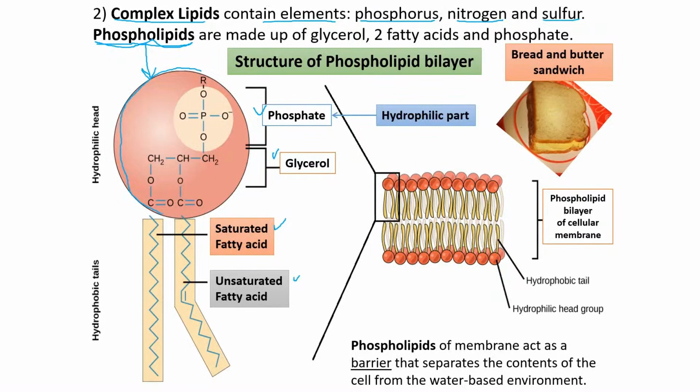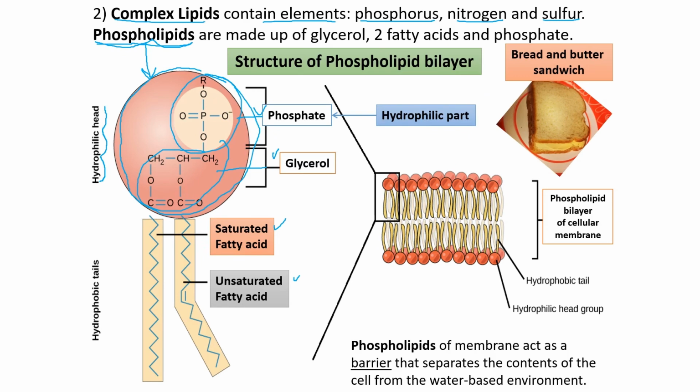This structure, made up of the phosphate and glycerol, all together is called the hydrophilic head, because this part likes water. It may not dissolve in water, but it can be attached to it, we can say.